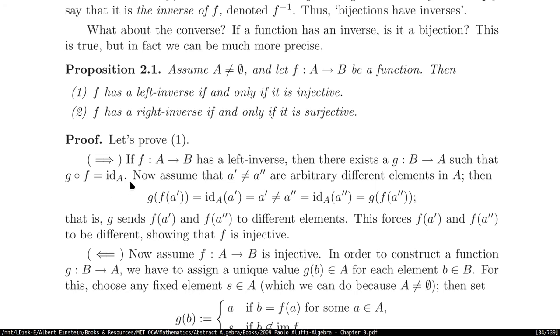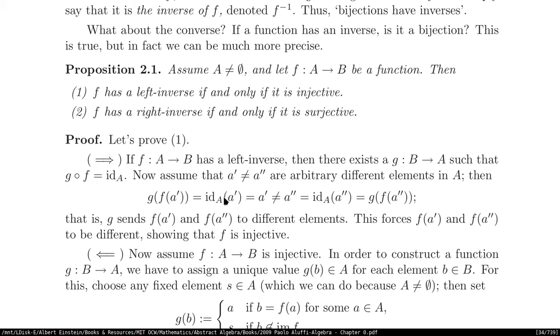Now assume that A prime and A double prime are two distinct elements in A. What you do is apply this G circ F to these two elements, and you're going to see that G of F of A prime gives you the identity of A prime, which is A prime itself, and the same for A double prime.